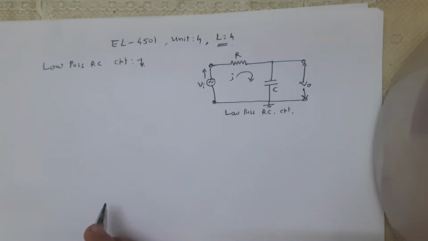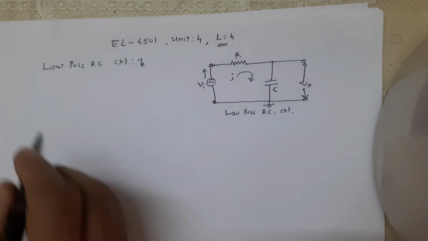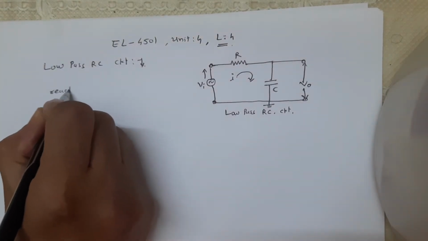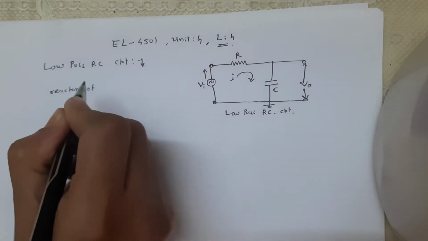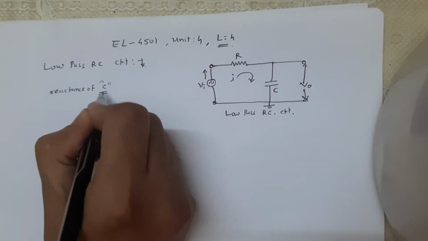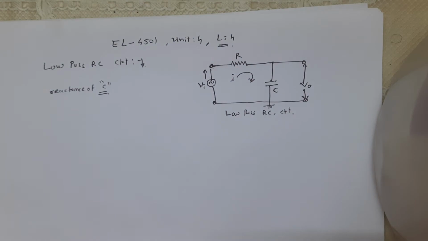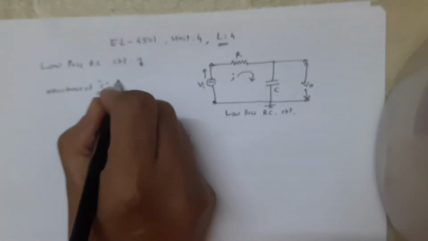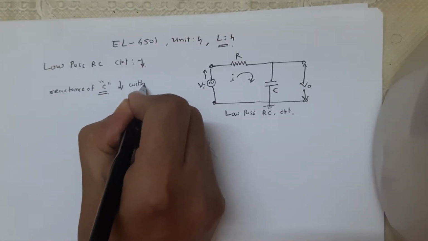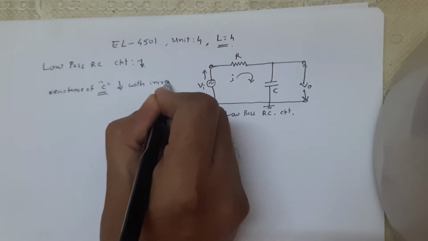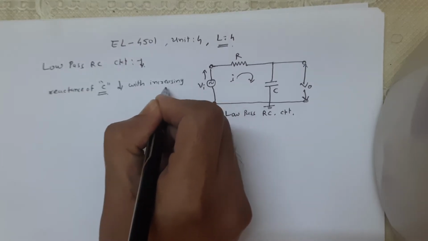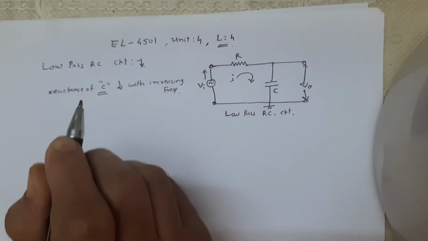Now from the figure, in a low pass RC circuit, the reactance of the capacitor C decreases with increasing frequency. Reactance of capacitor, that means one type of resistance of the capacitor, decreases with increasing frequency.